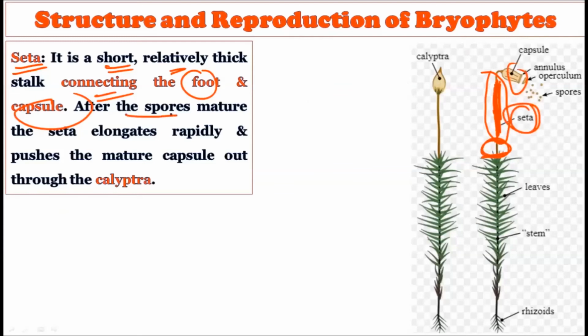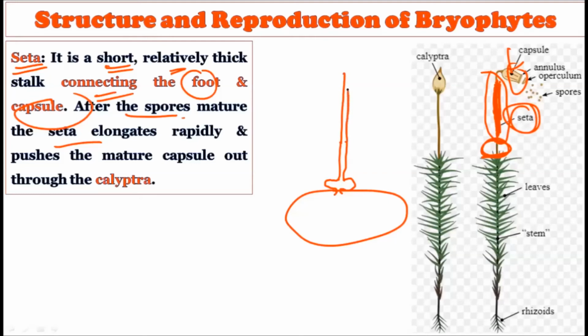After the spores mature, the seta elongates rapidly. Whatever spores are present in the capsule, as they mature, consider this is the female gametophyte, this is the sporophyte arising, this is the foot, and this is the short and thick seta. But what happens as the spores mature inside the capsule? This seta elongates largely like this. Now you must judge what is the ecological significance of the elongation of this seta.